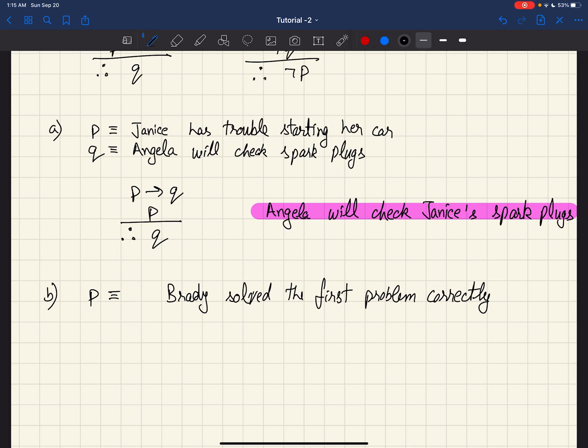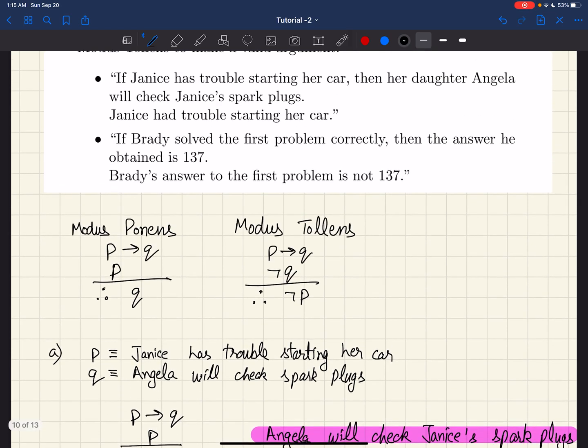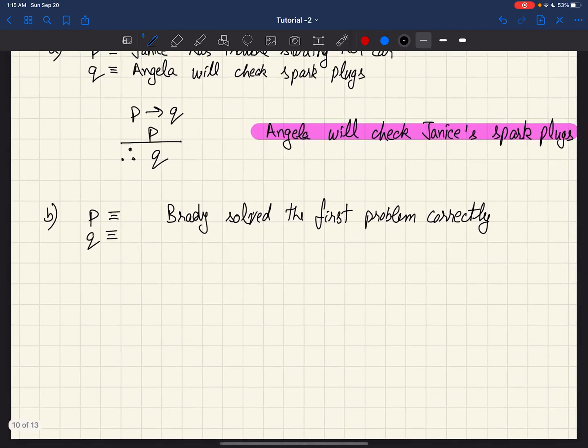So P is Brady solved the first problem correctly, and Q would be the answer he obtained is 137.